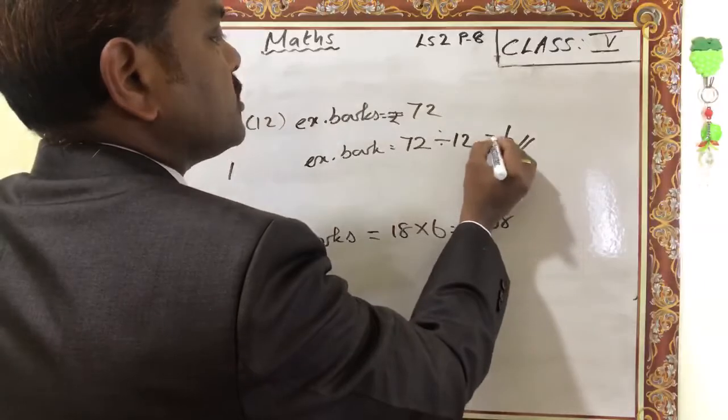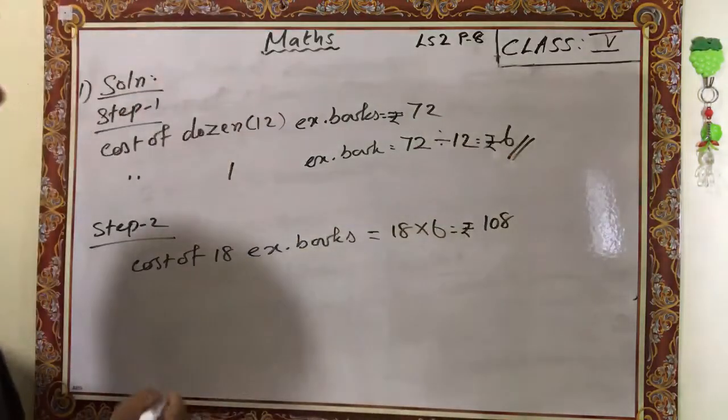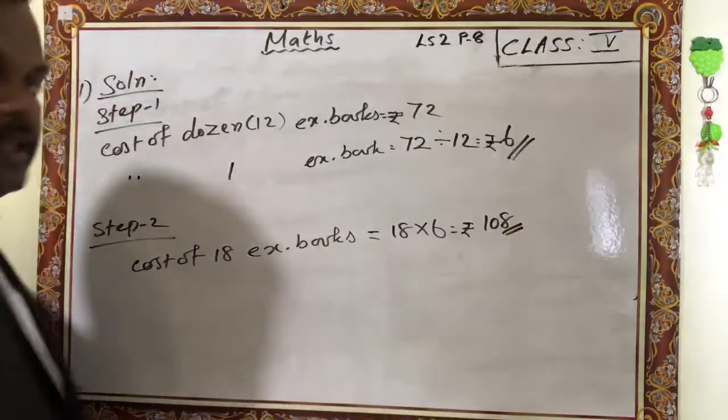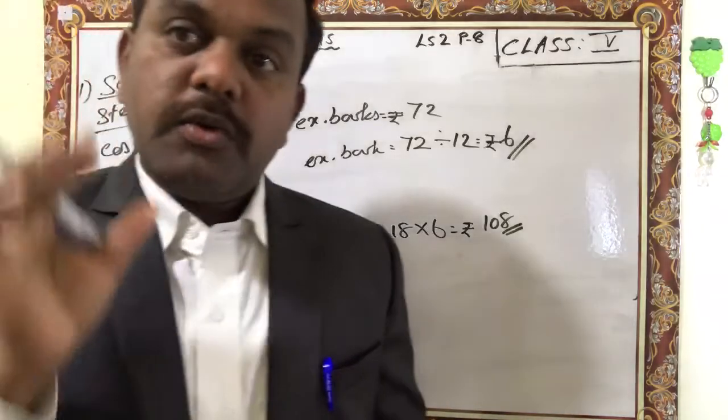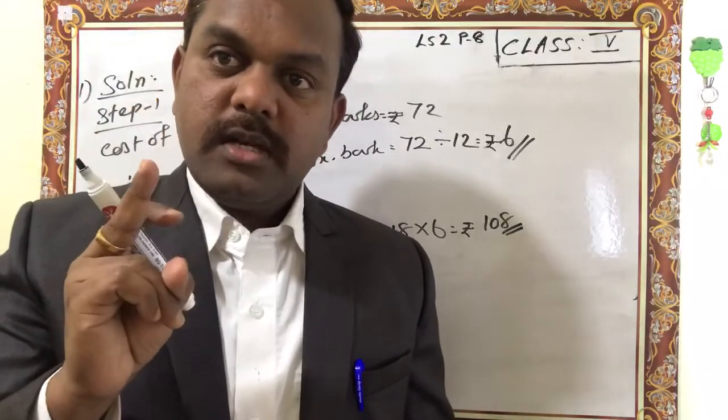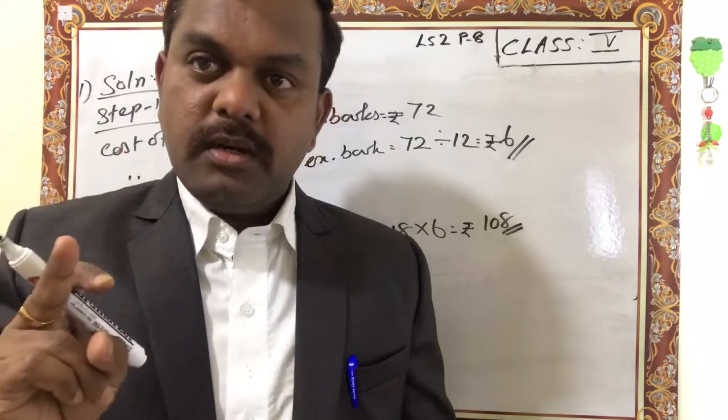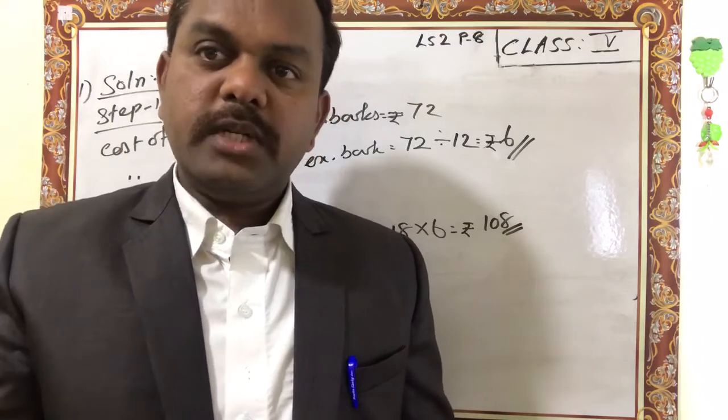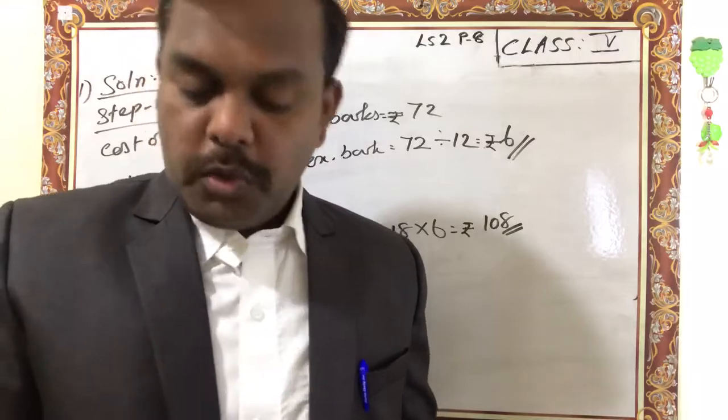Here also you have to mention rupees. So the answer is 108. Our concept is you have to find the cost of one object by division method and the cost of more objects by multiplication method. One more question.